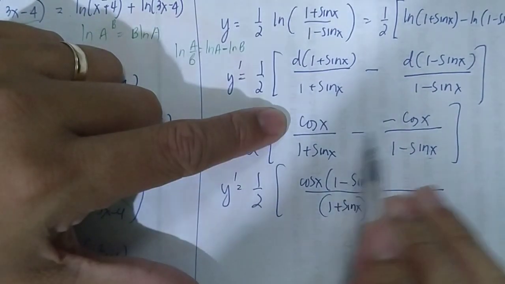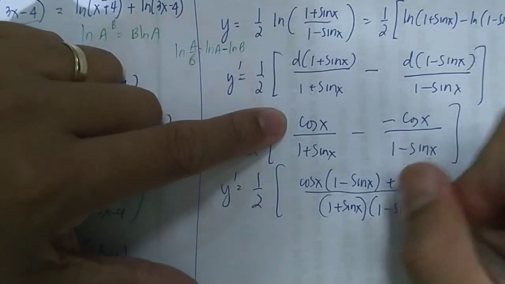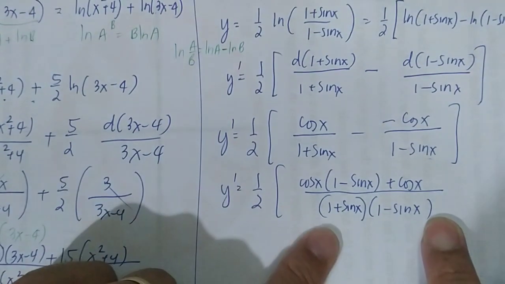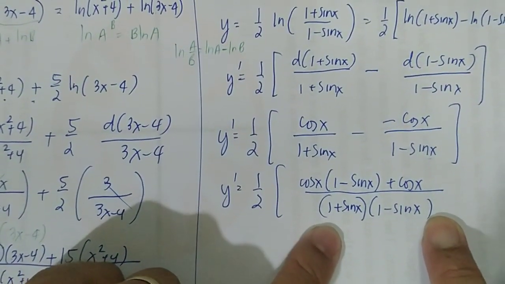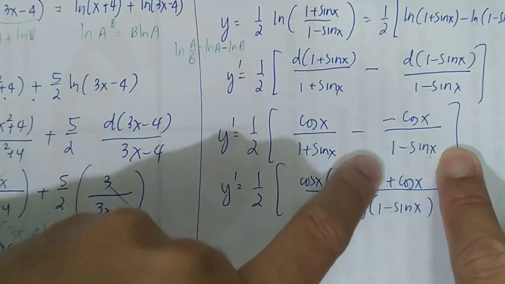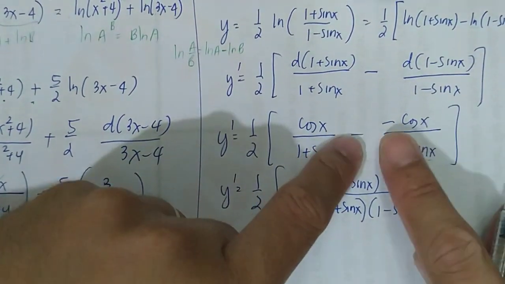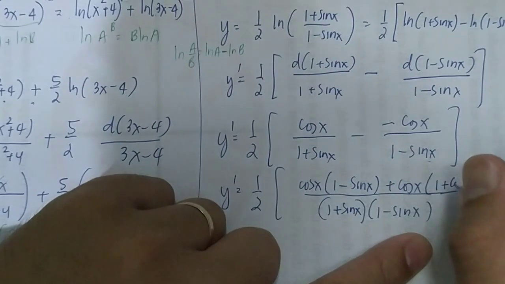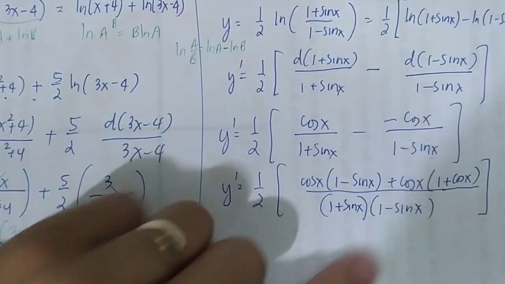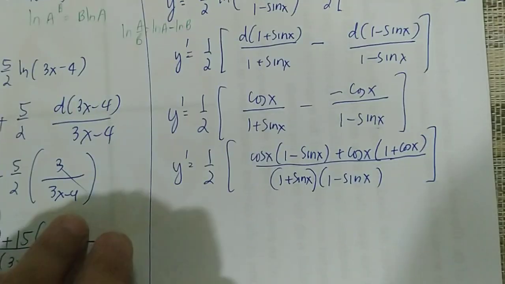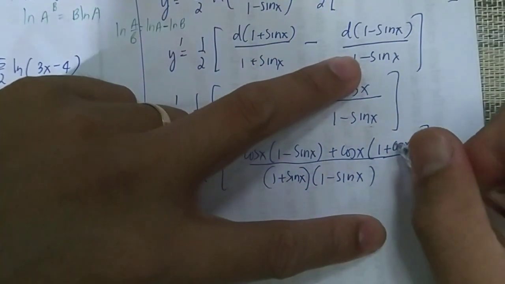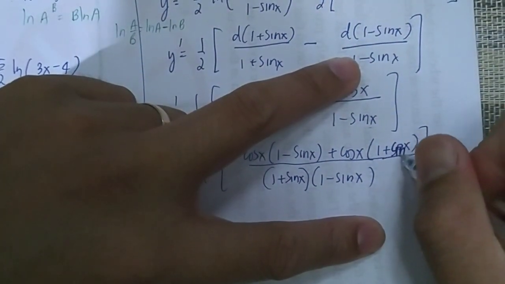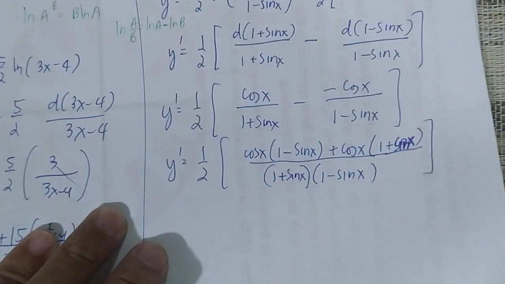And this negative times this negative becomes positive cosine of x. This LCD divided by 1 minus sine x is 1 plus sine x, times cosine of x. So that gives you 1 plus sine x.